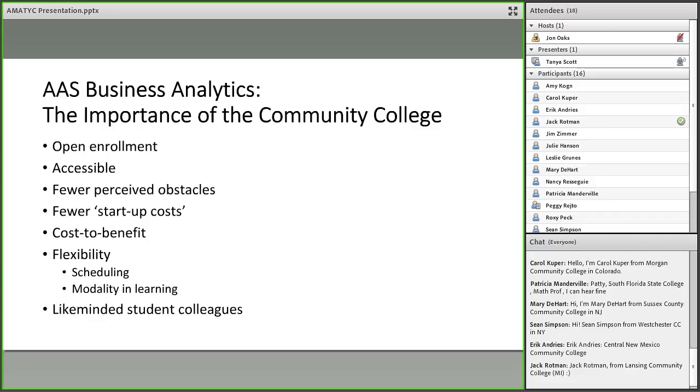All right. So in terms of the analytics program at the community college level, I think what's important to state here is that our program is not competitive entry. It is open enrollment, which I think is a fantastic thing, but also comes with its own challenges that we'll talk about through the program as well.